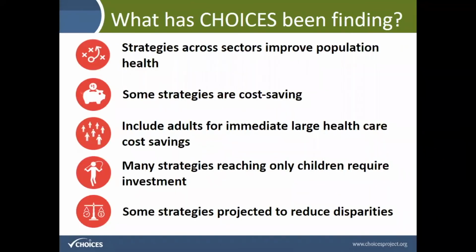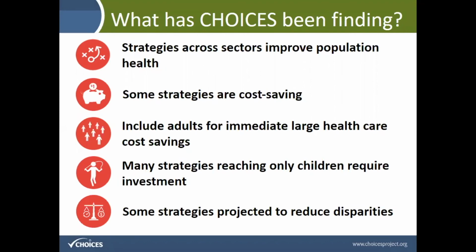strategy. And so what we've been finding is that there are lots of different strategies across sectors that can improve population health. It's kind of remarkable, but some strategies are actually cost savings. In the healthcare area, there aren't too many interventions that are cost savings.